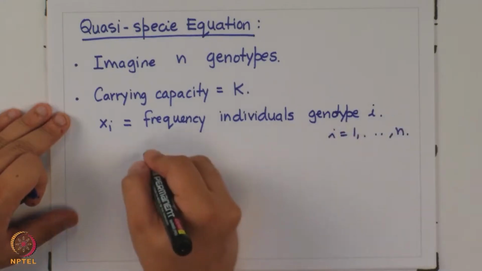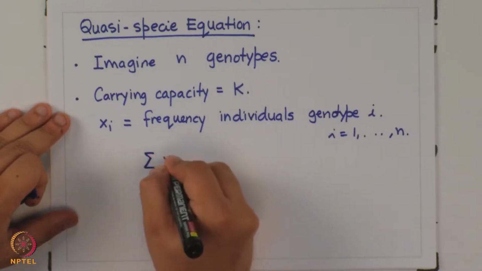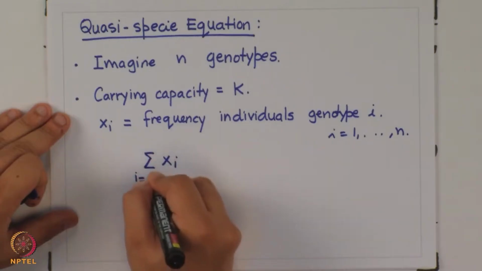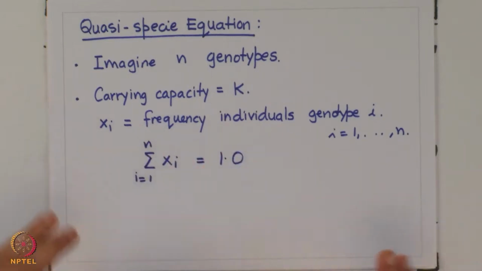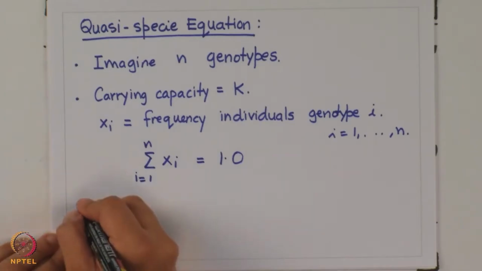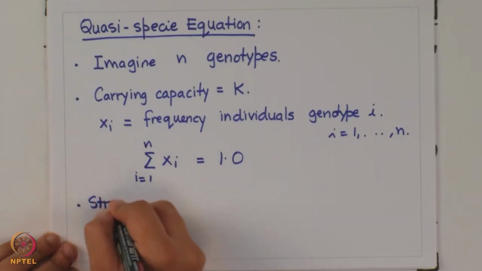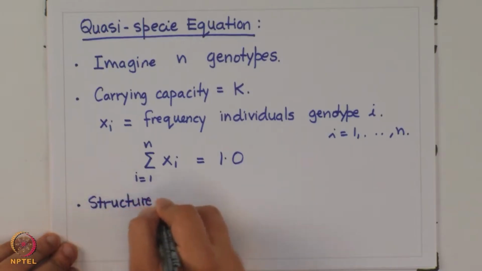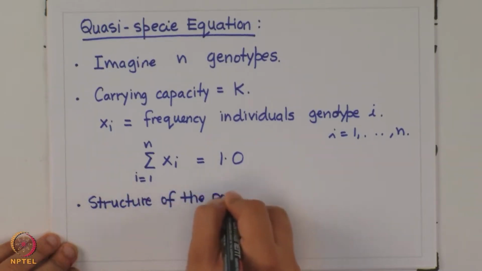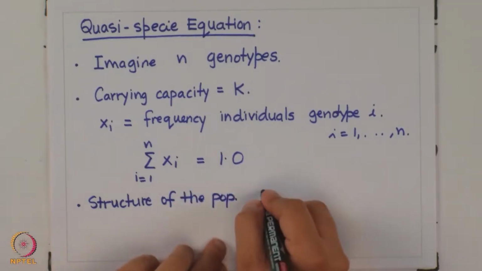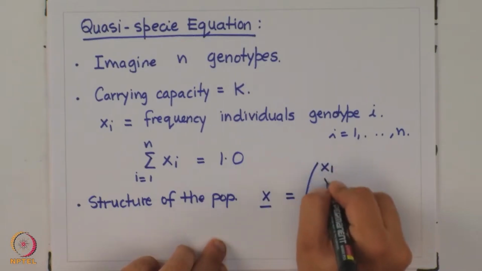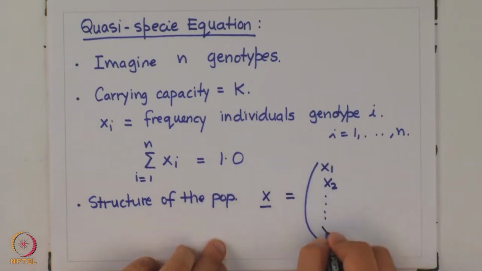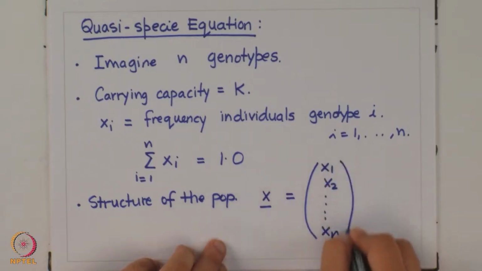We have done this before, so this should immediately tell you that this automatically implies that the sum of xi, i going from 1 to n, is just equal to 1, because xi is just the fraction of individuals which belong to a particular genotype i. So, at any given point in time, the structure of the population is given by a vector x whose constituents are x1, x2 and so on and so forth, going all the way up to xn.